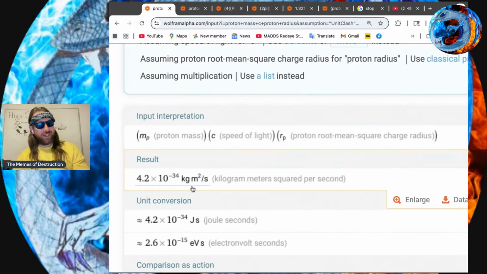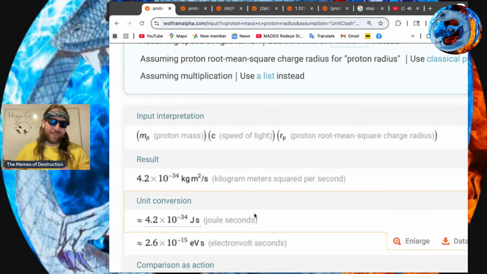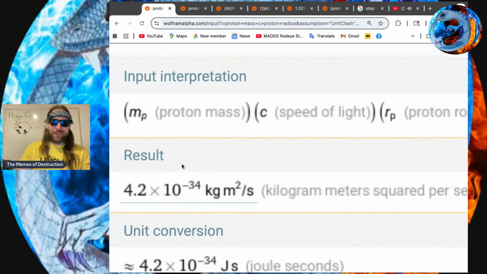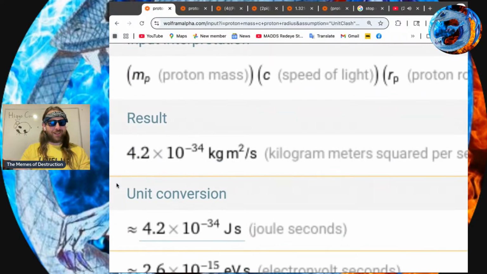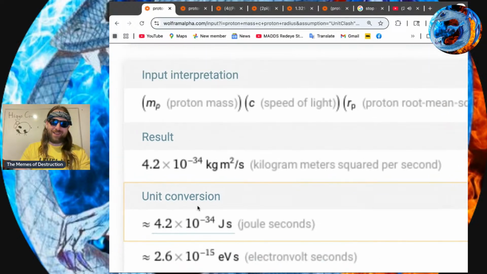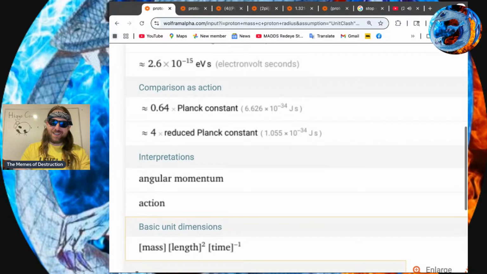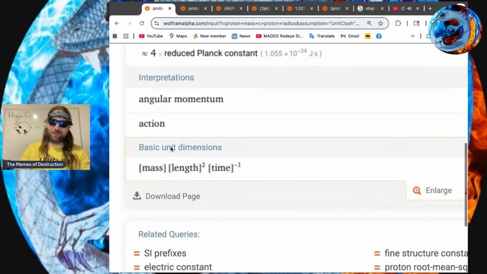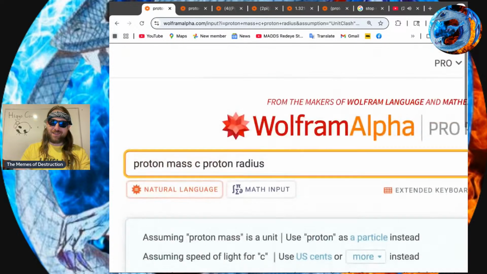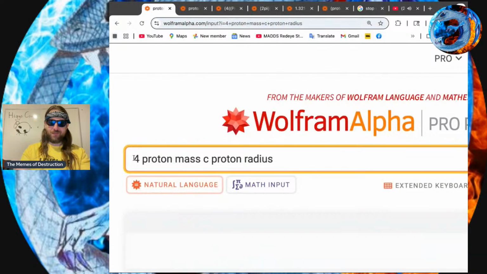So it gives you this number here. Now, this number doesn't mean anything to me. It's like, what? 4.2 times 10 to the minus 34. Yeah, joule seconds. I don't know what that means. Okay, well, it's about 4 Planck's constant. It's like, all right, well, let's do this. 4.